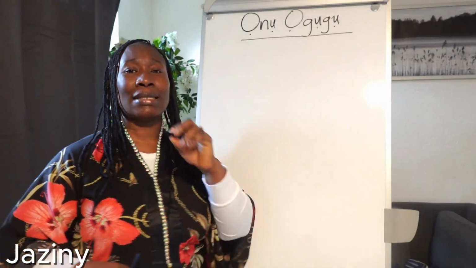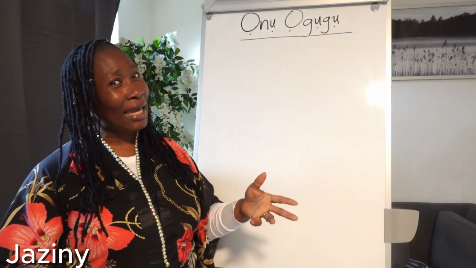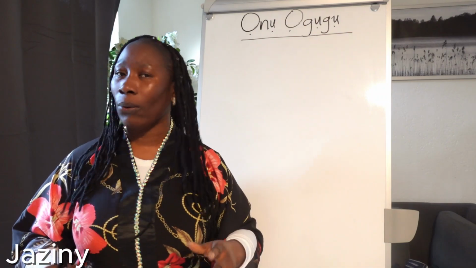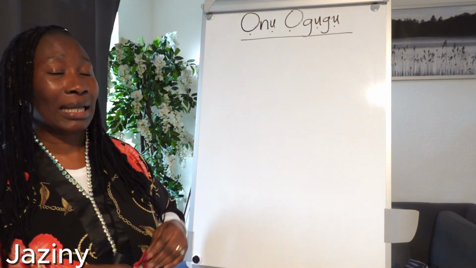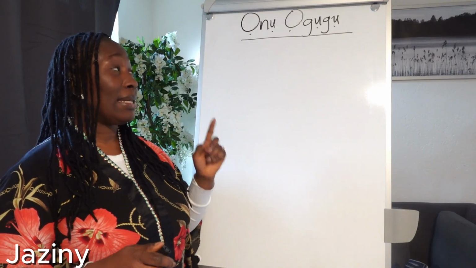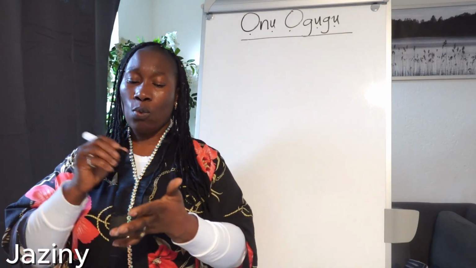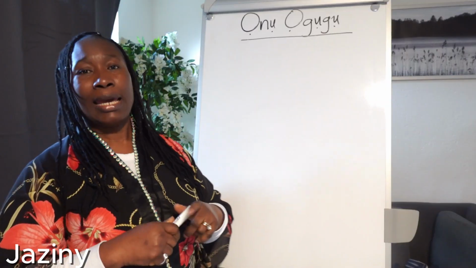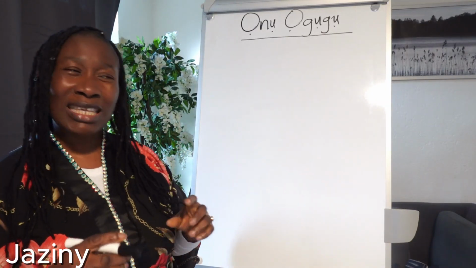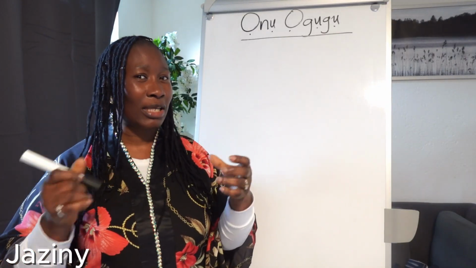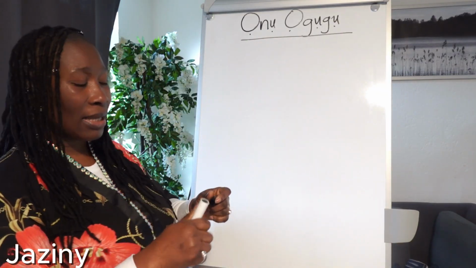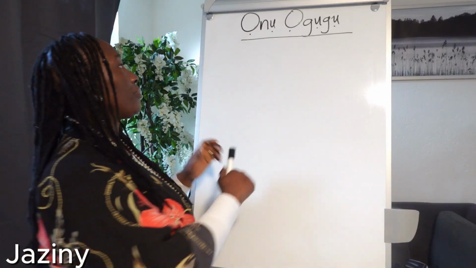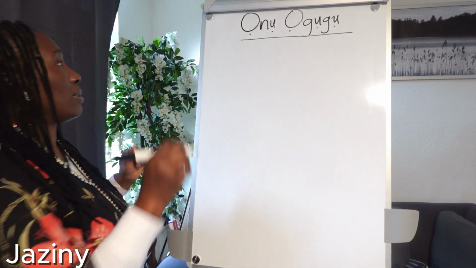Then ogugu means counting. So are we going to say mouth counting? No. It's language we're talking about, and it's numbers particularly. It simply means what you count with your mouth is numbers. I'm just giving you a literal meaning, but the contextual meaning, the exact meaning of this, is numbers. Onuogugu means numbers. Now let's go into the numbers.